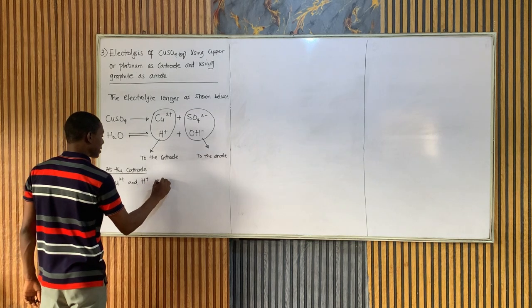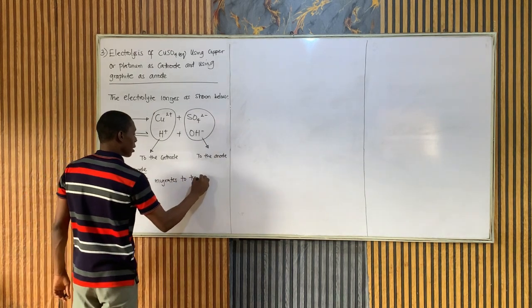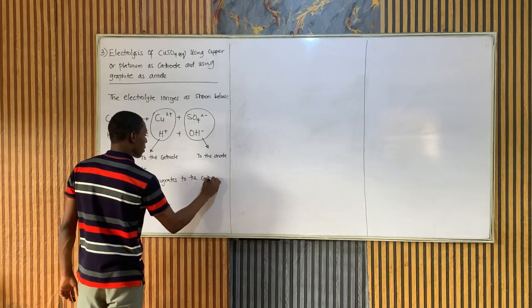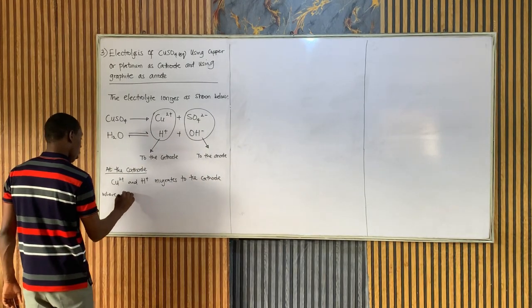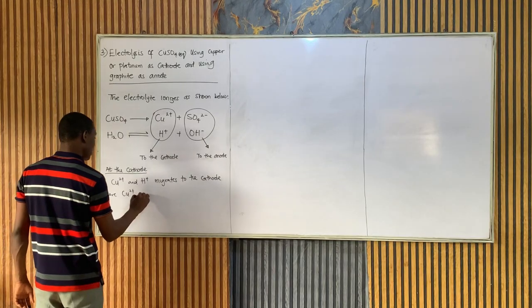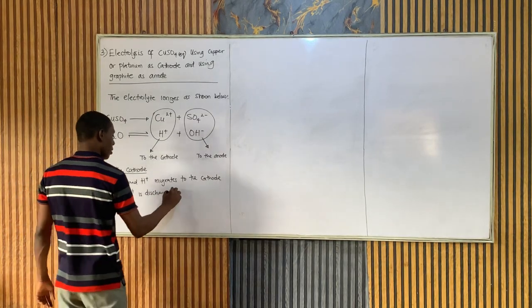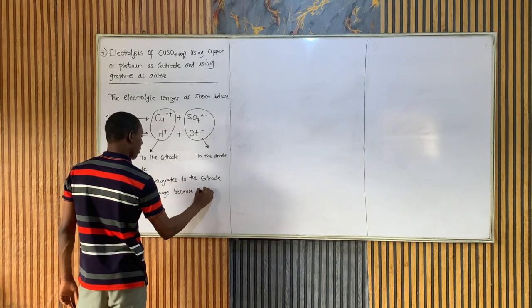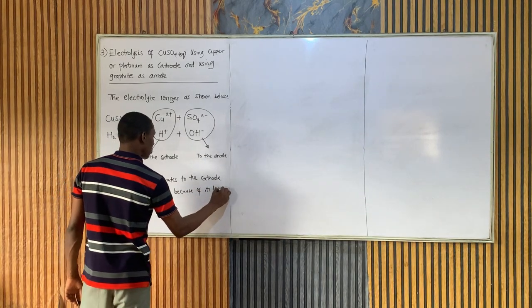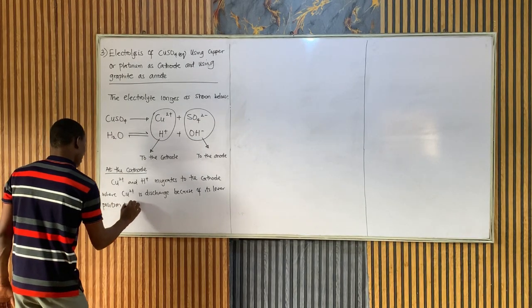So hydrogen migrates to the cathode, where copper ion is discharged because of its lower position in the activity series.